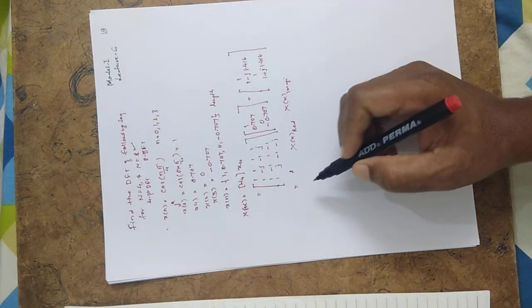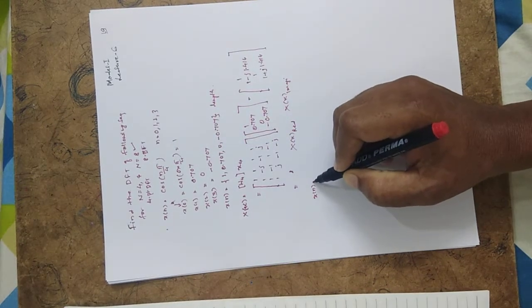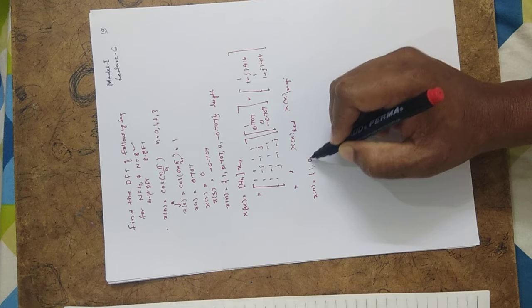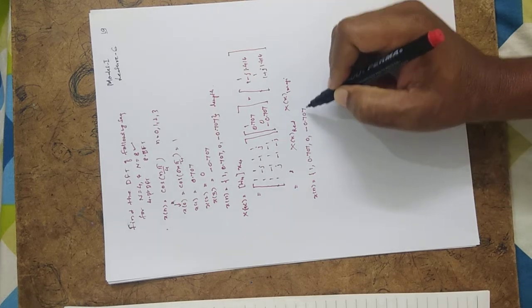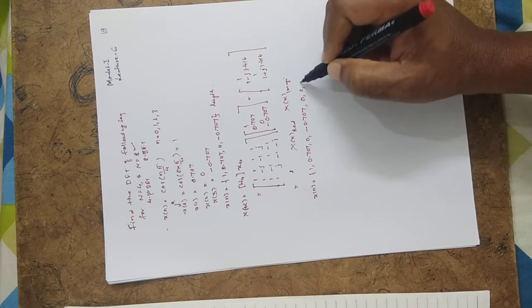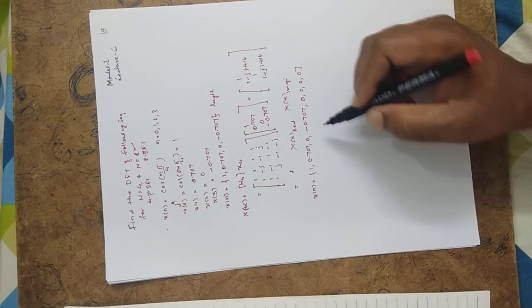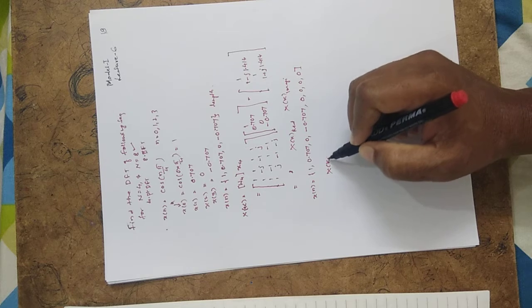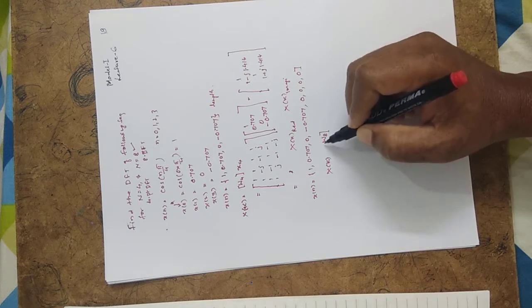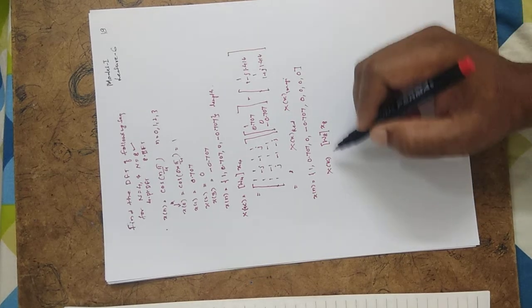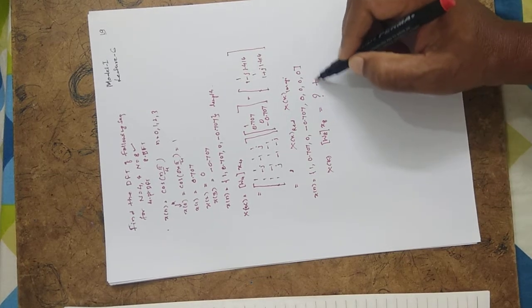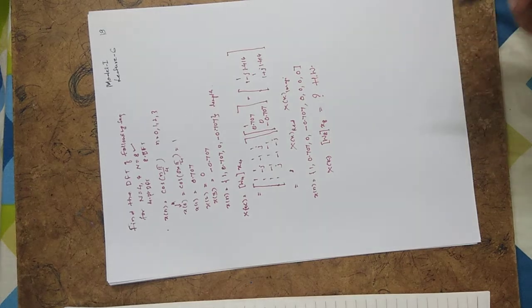For N equal to 8, the sequence becomes x of n equal to 1, 0.707, 0, minus 0.707, appended by 4 zeros. Then the matrix becomes the W8 matrix followed by x of length 8. So you take that as homework.